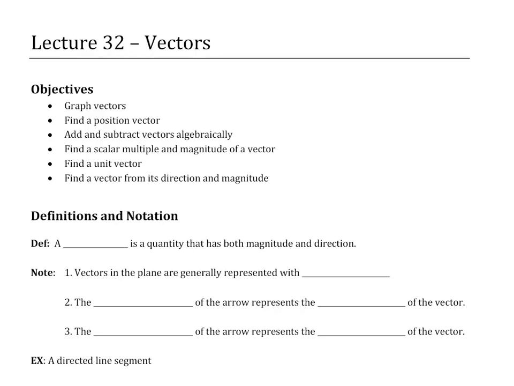So when we talk about a vector, what we basically mean is that we have a mathematical quantity that has both a magnitude and a direction. So that's what is meant by a vector. Vectors in the plane are generally represented with arrows, and the length of the arrow can be used to describe the magnitude of the vector, and then it's the direction that it's pointing that gives you the direction of the vector, right?